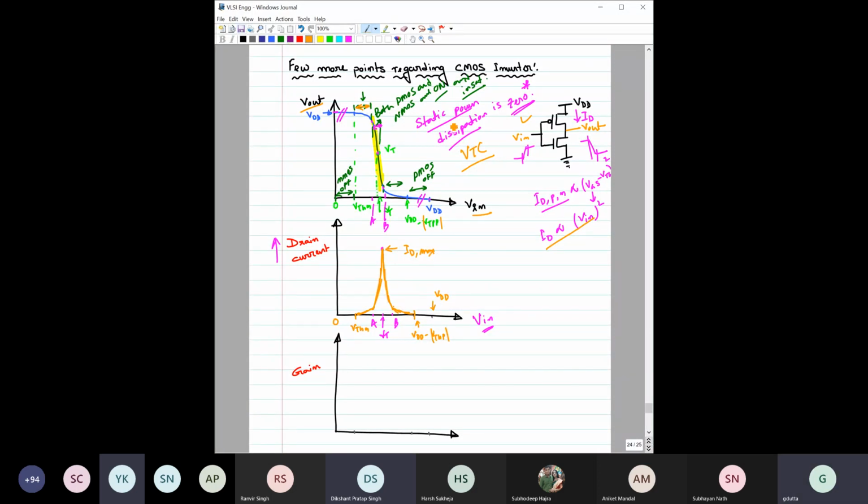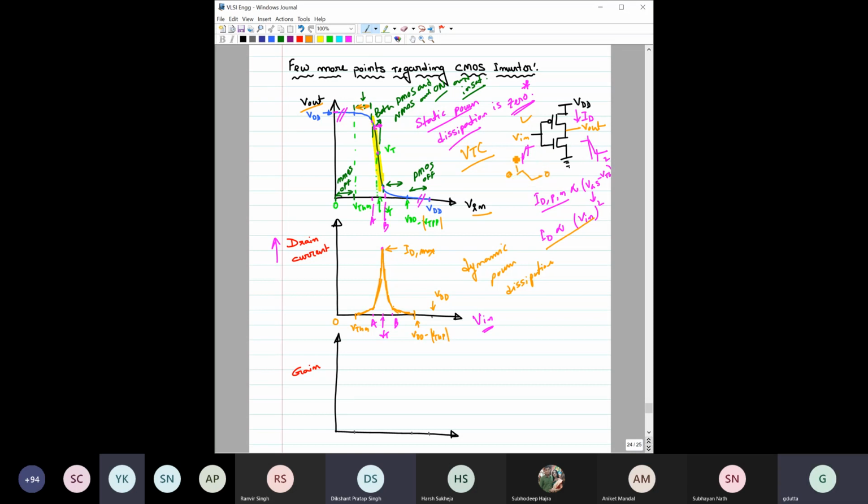So you have understood. We are saying the static power dissipation is not there, means the static power dissipation is 0. But when you are doing the transition, this is called the dynamic power dissipation. So dynamic power dissipation does exist. Dynamic power dissipation means when you are doing any transition, either from 0 to 1 or from 1 to 0.